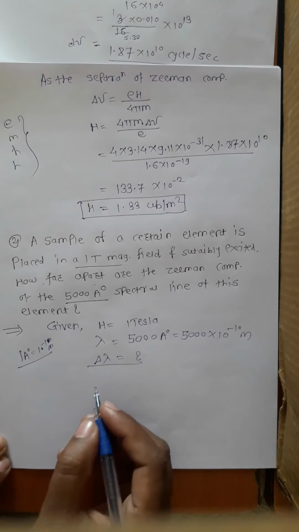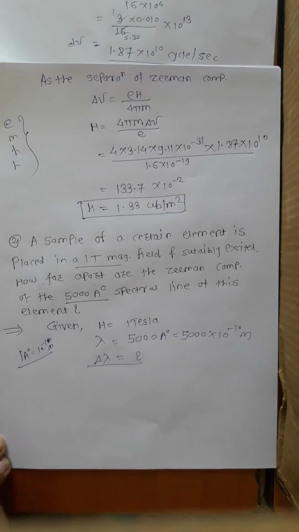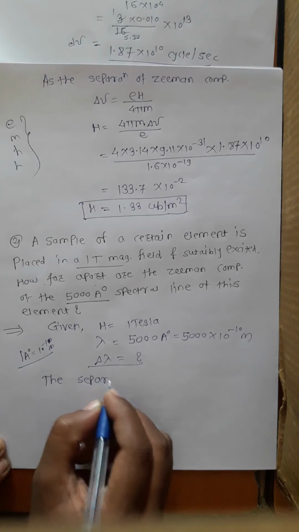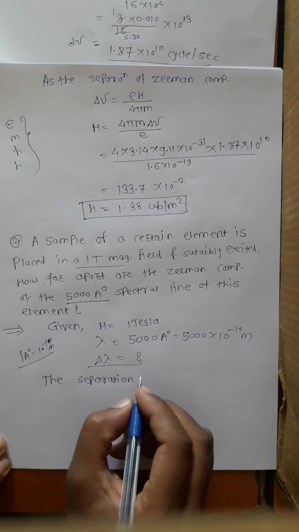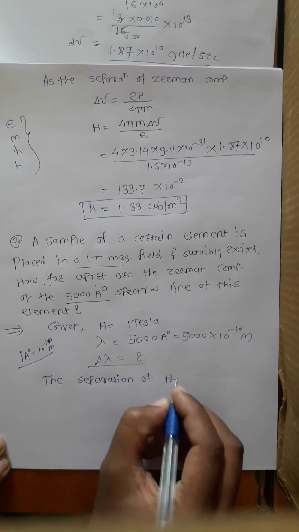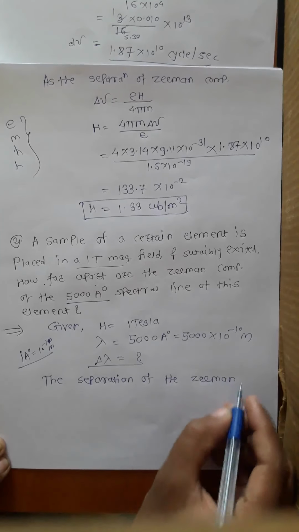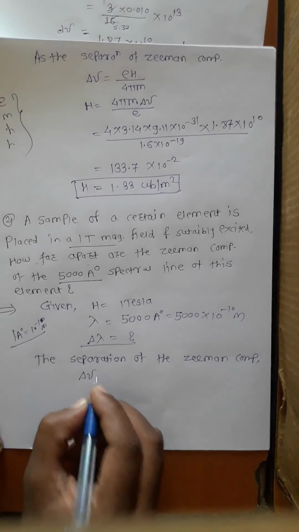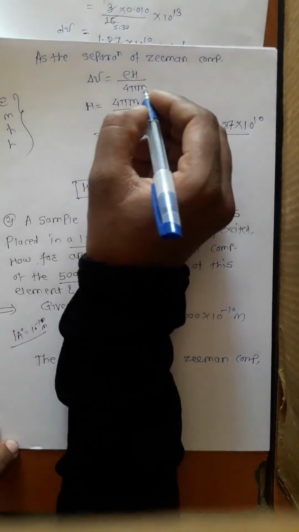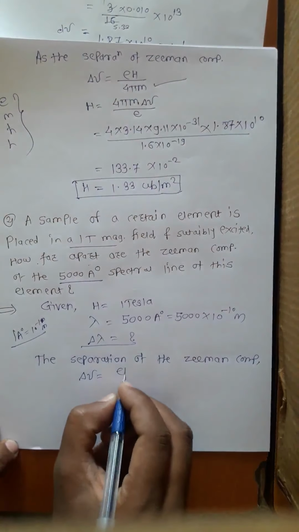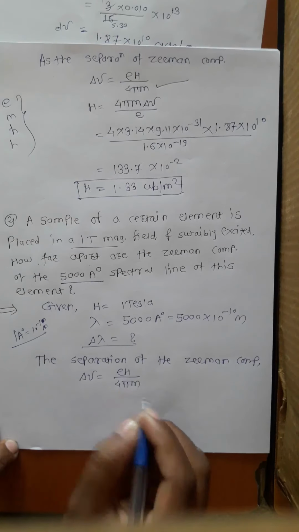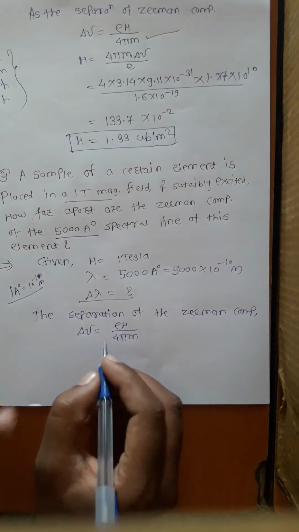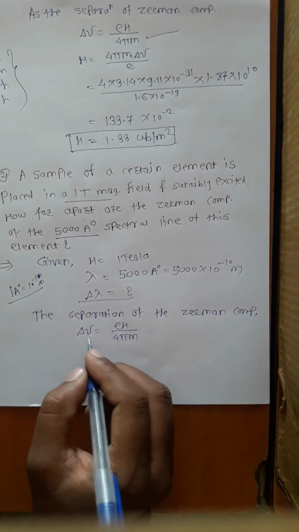Now the separation of the Zeeman component is given by delta nu is equal to EH upon 4 pi m. We calculate this value, and from this equation we will get the value of delta lambda.